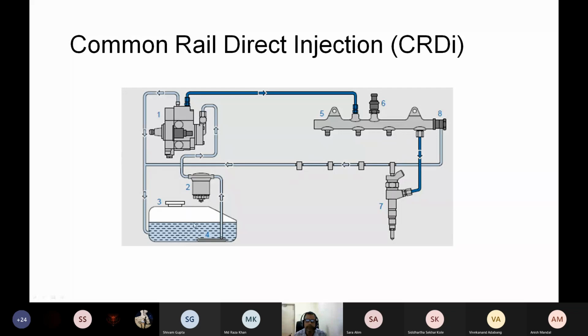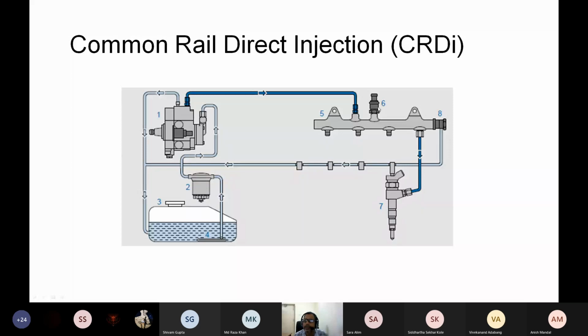Similarly, we want to have 800 bar fuel injection pressure. Then the ECU will close that area, and in that way the pressure in this rail is going to increase, and we maintain it at 800 bar.